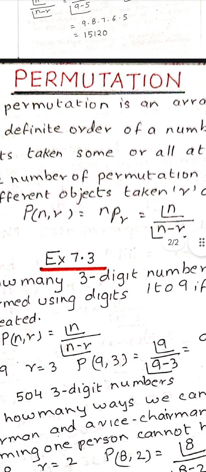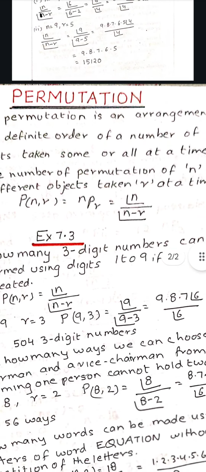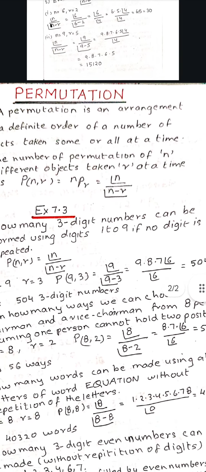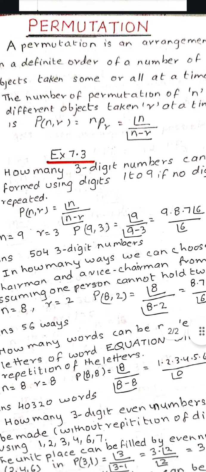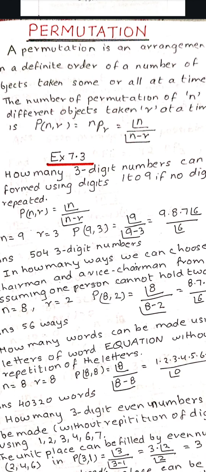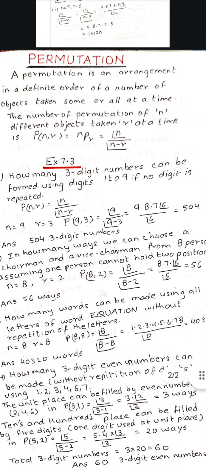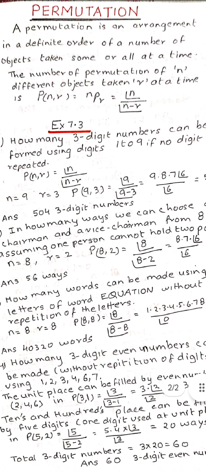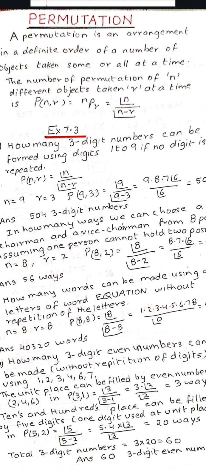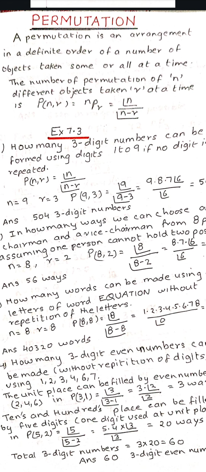Now we come to the basic definition of word permutation. Here the definition of permutation is given, and what is permutation? A permutation is an arrangement in a definite order of a number of objects taken some or all at a time.